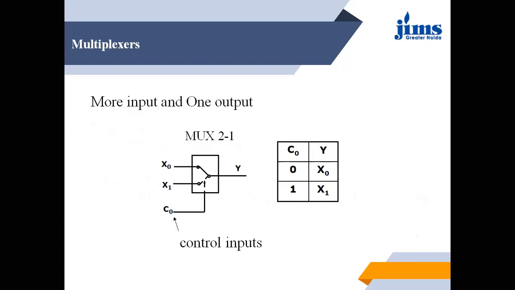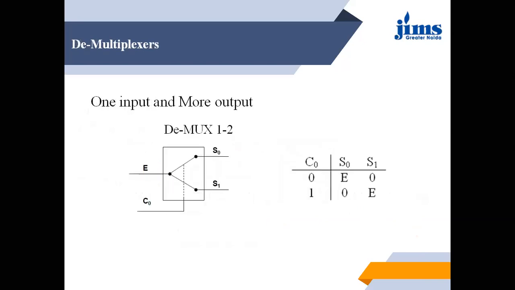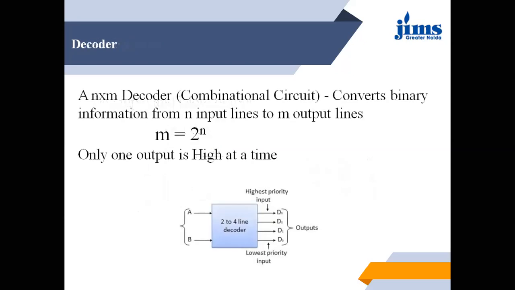Then we discussed the multiplexers, where there is more than one input line, and on the output we get a single line only. In demultiplexers, the input line is single and there are more than one output lines. In the case of decoder and encoder, there are multiple input lines and output lines.